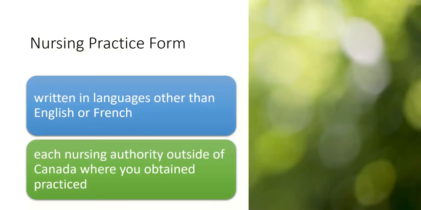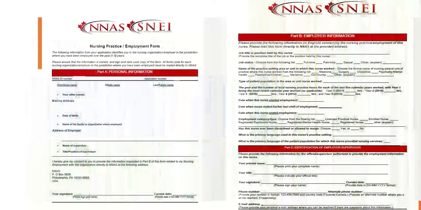Then let's go to the forms. Nursing practice forms, you can download on your dashboard. It must be written in English for those institutions where you practiced outside Canada. So this is how it looks. Like I mentioned, you have to make sure that the information you put in the first time when you were creating the account is accurate.